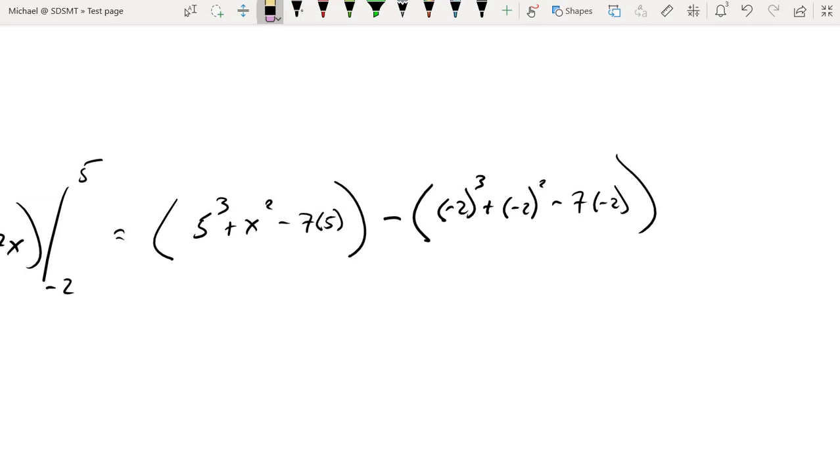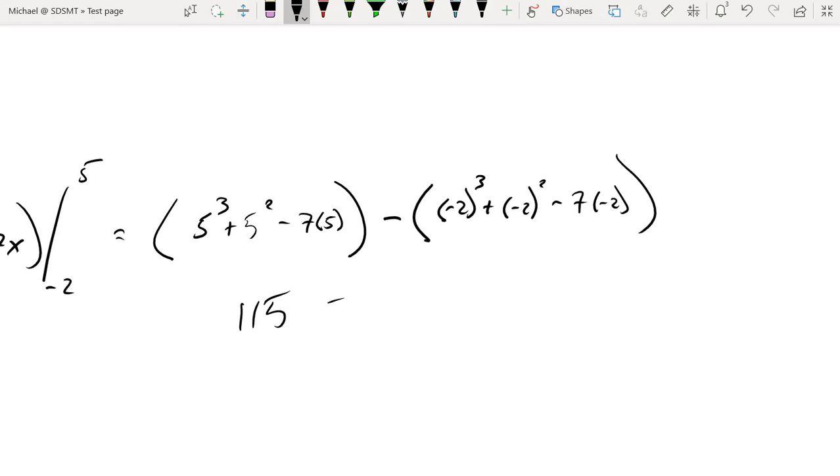Oops, I forgot to plug a 5 in there, so we'll do that right now. So my calculator says that 5 to the 3rd power plus 5 squared minus 7 times 5 is 35 is 115.